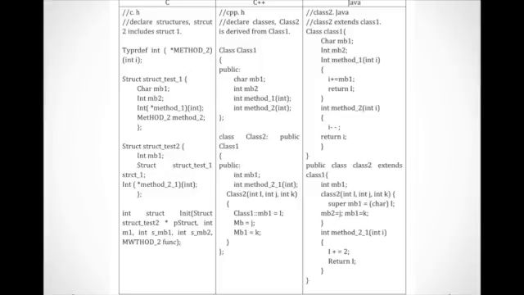Here I have an example of the classification of C, C++ and Java. From this table, C++ and Java look similar in style, but C and C++, though they come from the same family, look totally different.